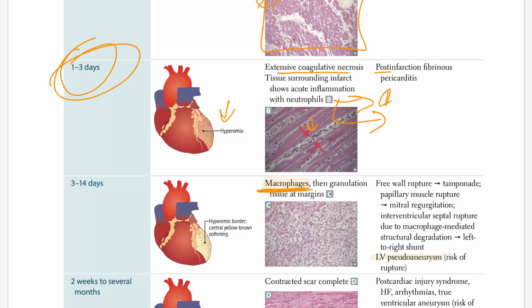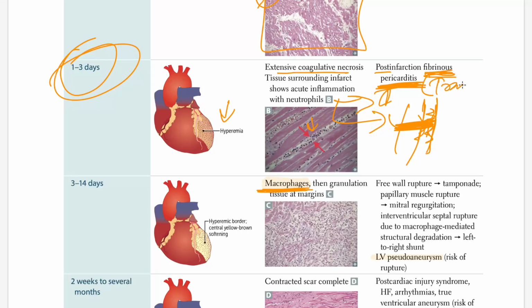Okay. And this fibrinous pericarditis, which is post infarction, will only occur with a transmural infarction, because if you are going into the pericardium, which is here, you have to have a transmural infarction so that neutrophils can go and form fibrinous exudates, called fibrinous pericarditis, within the pericardium.